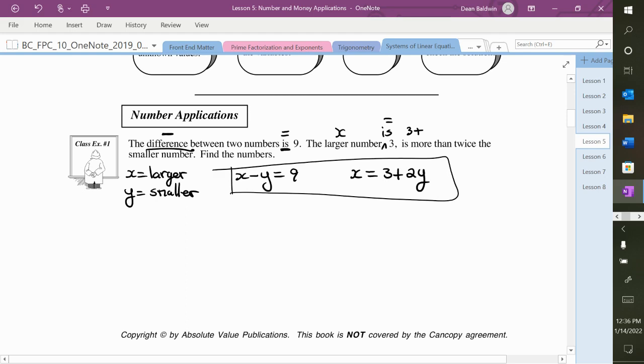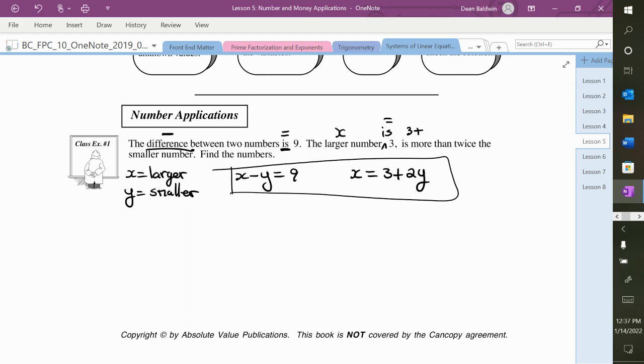So we take these two. Do you want to do elimination or substitution? I would do substitution. Why would it be quicker to choose substitution? Because this is already solved for x, right? So I can just put this into there.